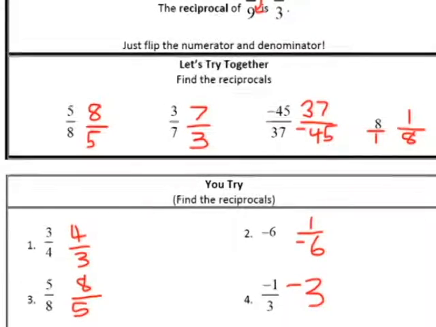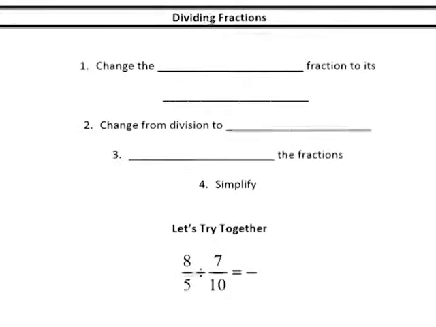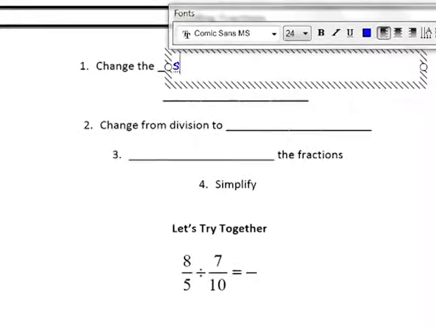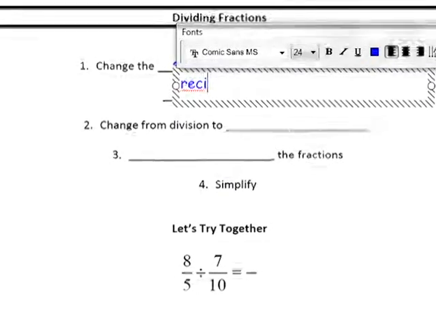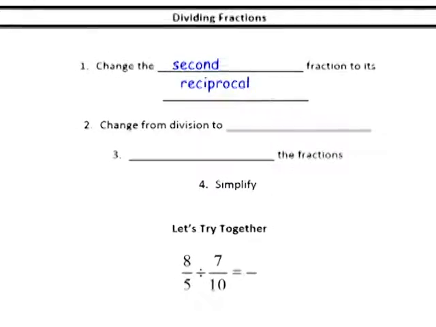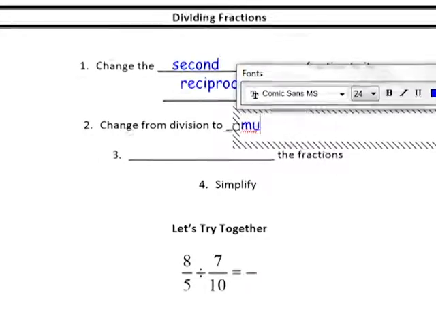Dividing fractions. The reciprocal concept comes very much in handy right here. Change the second fraction to its reciprocal. Change division to multiplication. Because we're taking the reciprocal and flipping around that fraction, we're going to flip around division and make it multiplication.